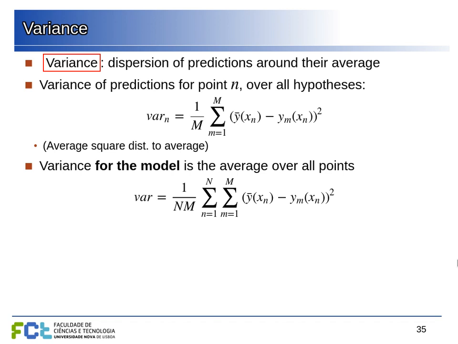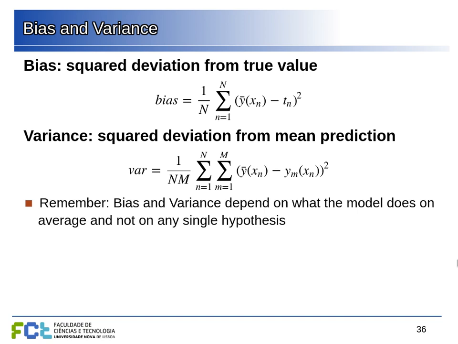So basically, bias will give us a measure, the quadratic difference between the average prediction of the point and the target value. This is how our point is biased towards higher or lower values. Variance gives us a measure of how spread out the predictions are, regardless of where the target is.